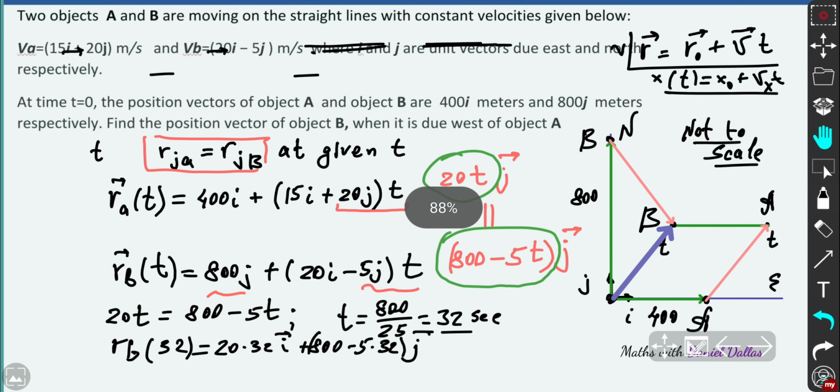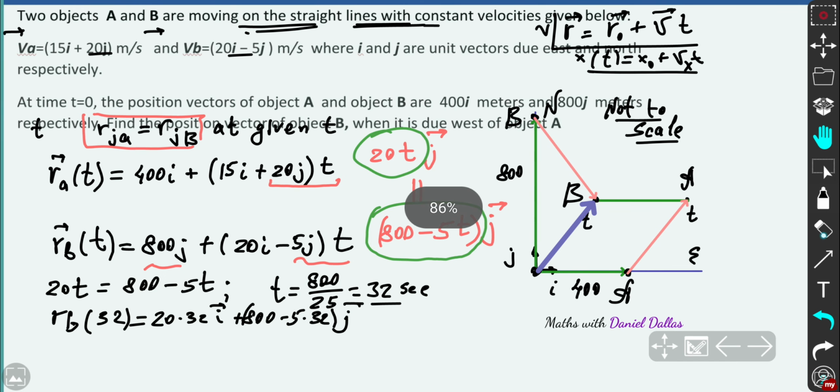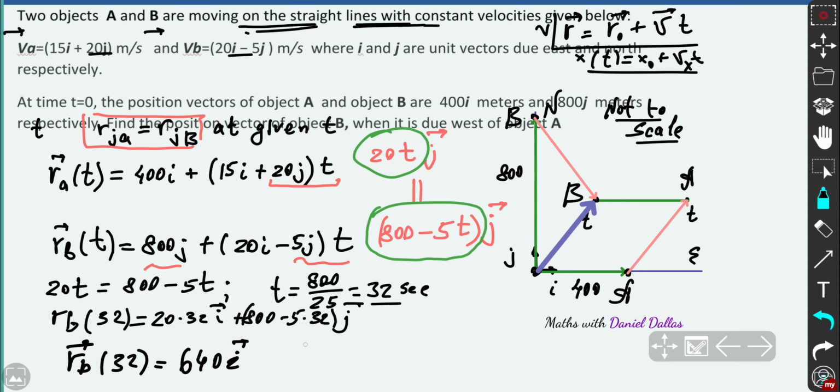And that will allow us to find the position vector when time is 32 seconds, which is 20 times 32 is 640i, and also 800 minus 5 times 32.